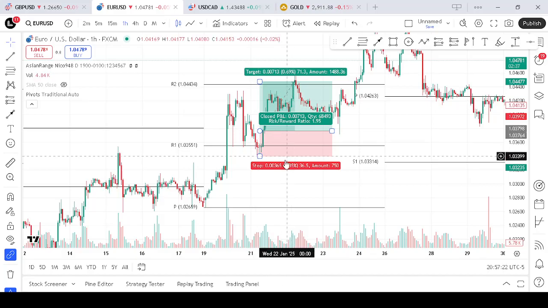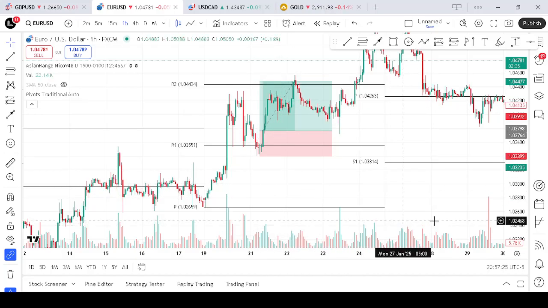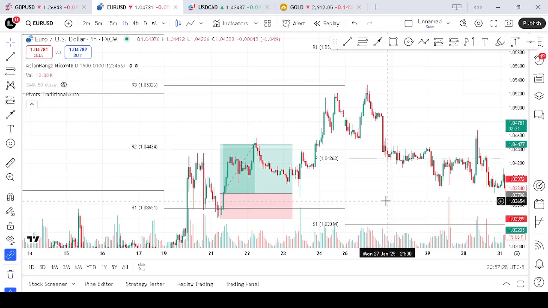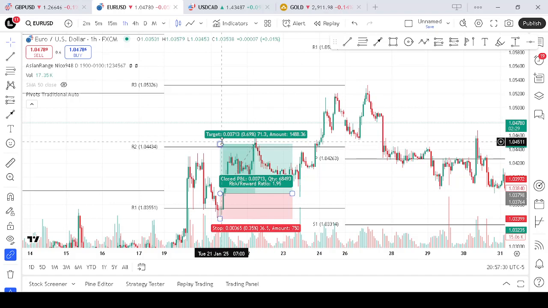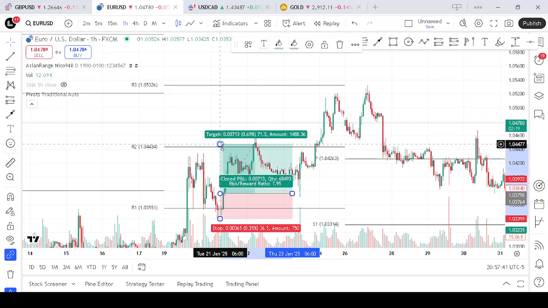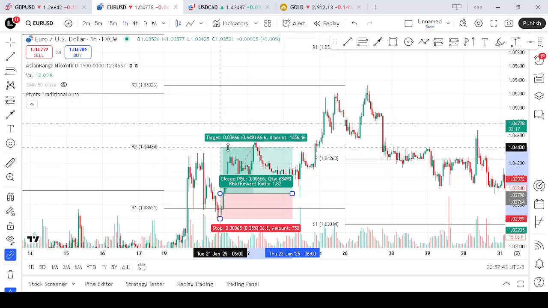Our take profit should align with the next pivot level. If you break R1, target R2. Our risk to reward should be at least 1:2. If we break the R1, our next target for profit should be at least the R2.